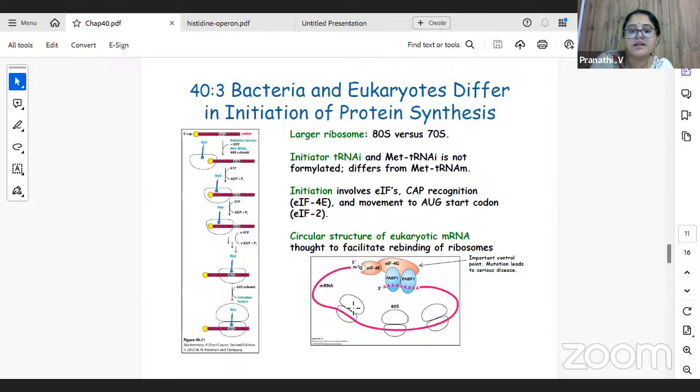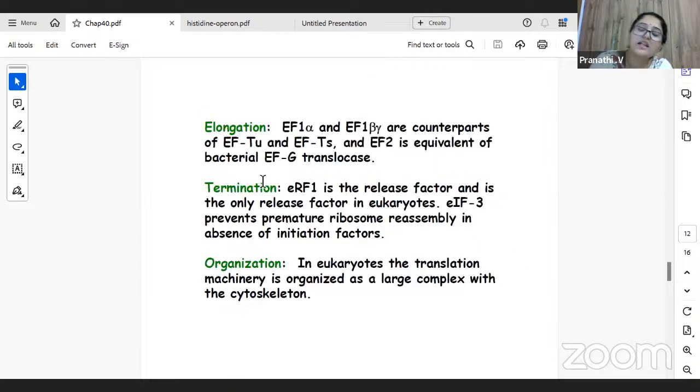Eukaryotic mRNA is usually circular in structure, because of which rebinding of the ribosomes takes place. In elongation also, EF1 alpha and EF1 beta gamma are present. They're the counterparts of EF-Tu and EF-Ts basically. Bacterial EF-G translocase is present in bacteria, whereas EF2 is present in eukaryotes.